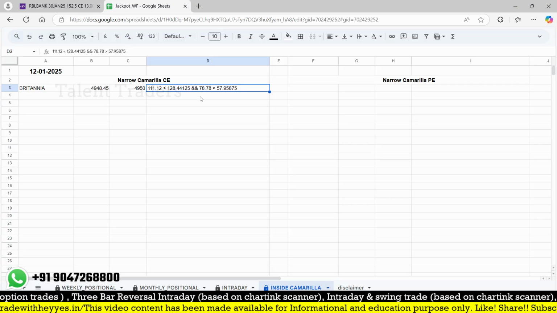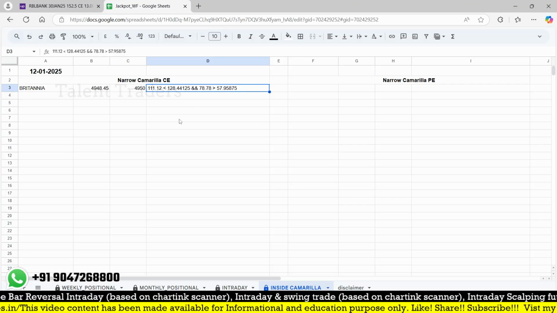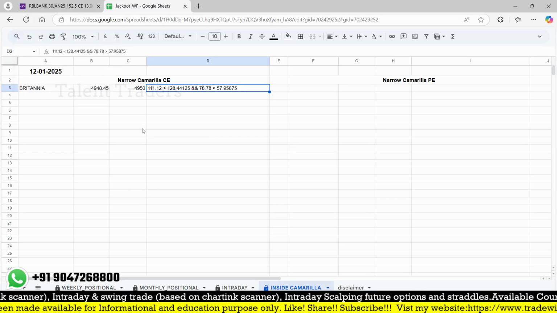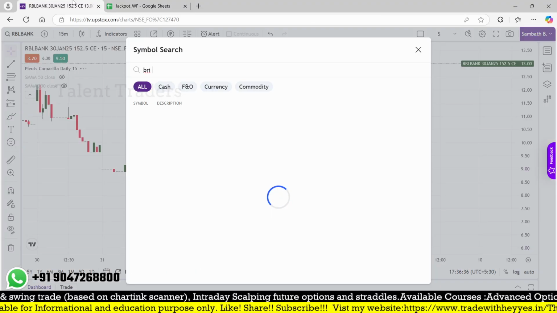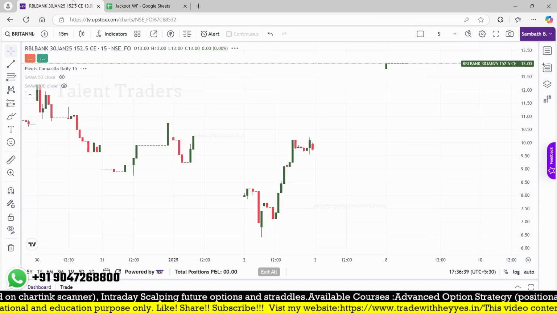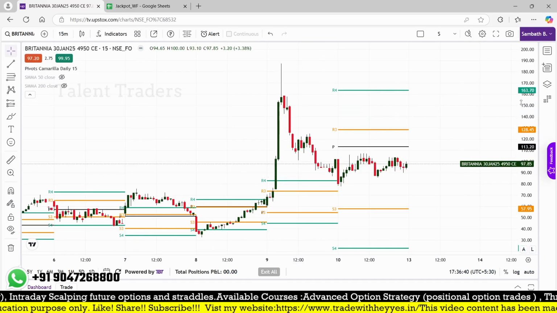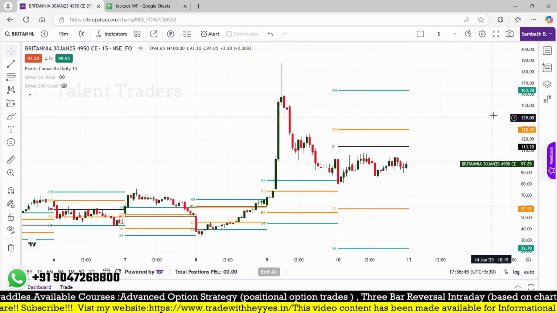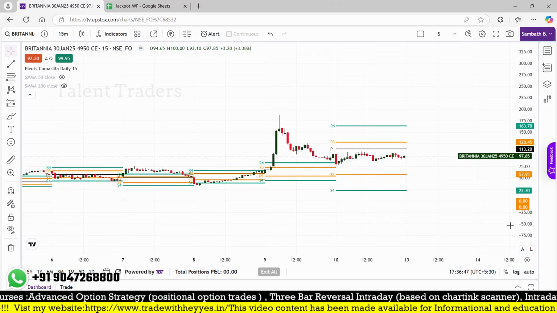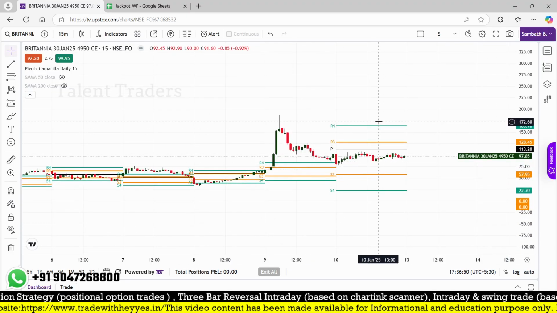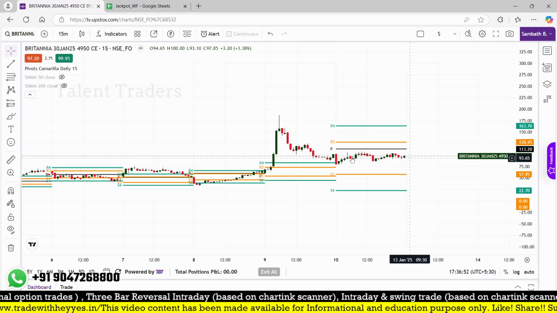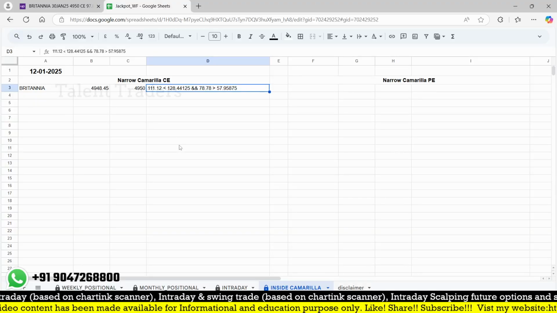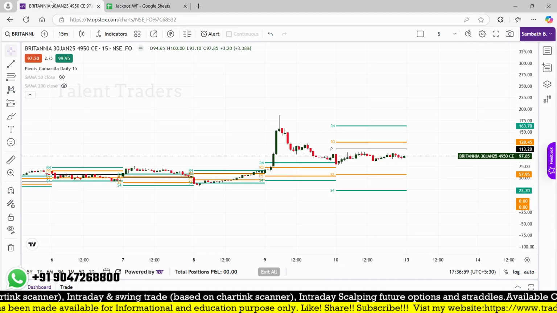This is today, and the inside is between yesterday's levels, which we can easily check now. That is my last trading session, the Britannia 4950 call option. 128.45 is the R3 level, and 59.75, 57.95.